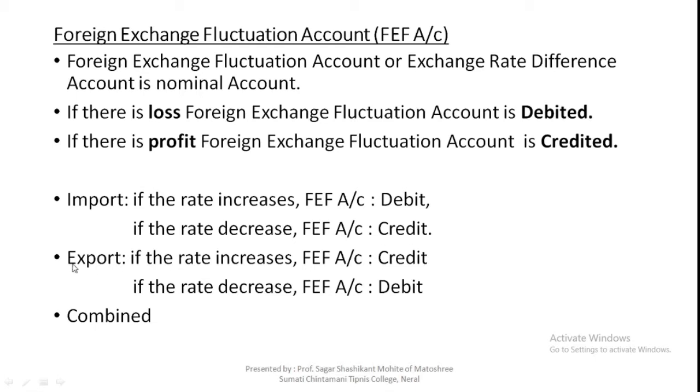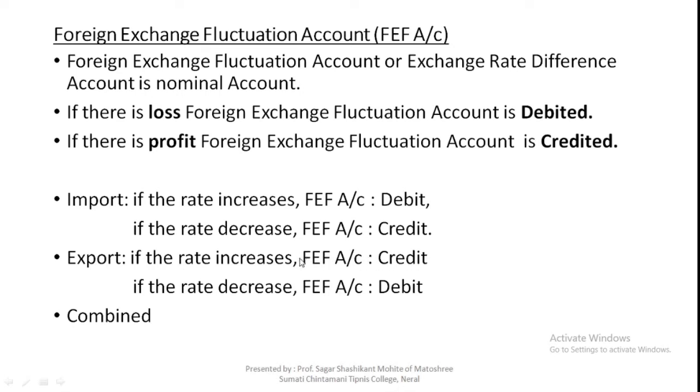Okay, and in case of export, if the rate is increased, the FEF account is credited, and if the rate is decreased, the FEF account is debited. In case of export, we receive amount from the foreign debtor. At that time, if the rate is increased, we will receive more amount, therefore the company will have profit from the exchange difference transaction.